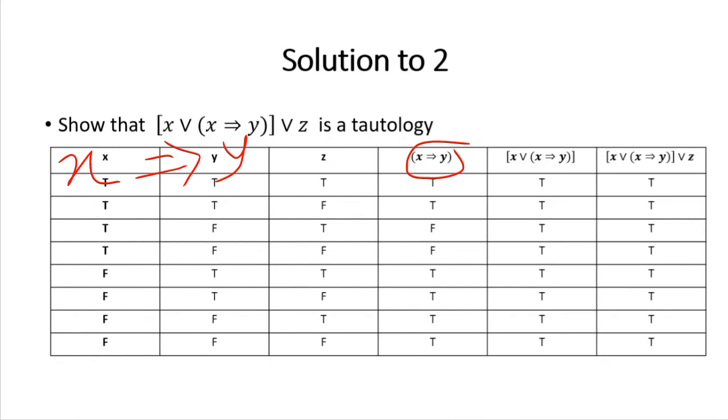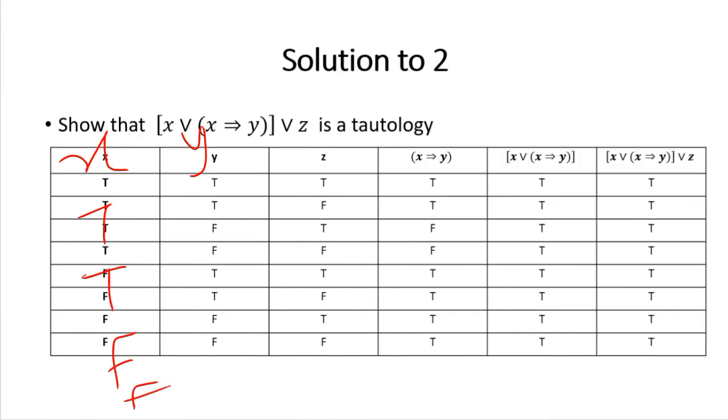Let's recall something quickly before I start solving. If I have x and y, 2 statements, it means I have t, t, f, f, and then t, f, t, f. And we're looking for x implies y.